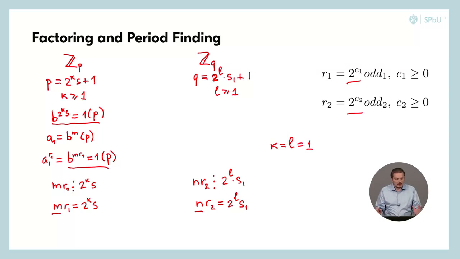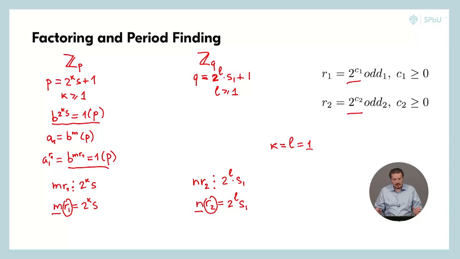Because in this case, we would have the least number of variations for the number of 2's in R2 and R1. For example, if M and N appear to be odd, then R1 and R2 would have exactly one 2 in them. And if both M and N appear to be even, then R2 and R1 will be odd.